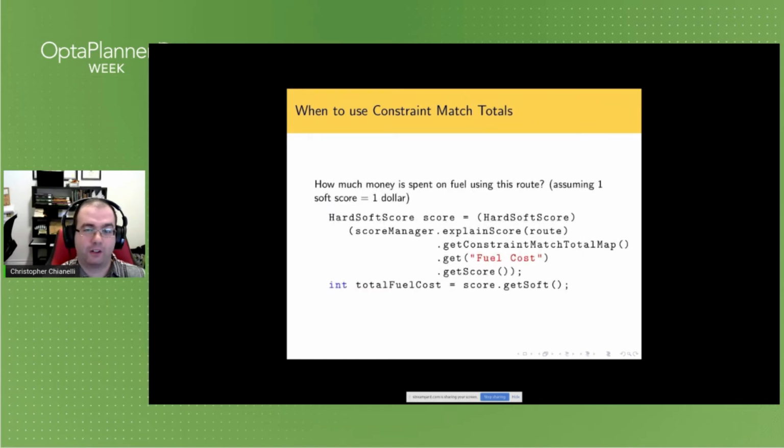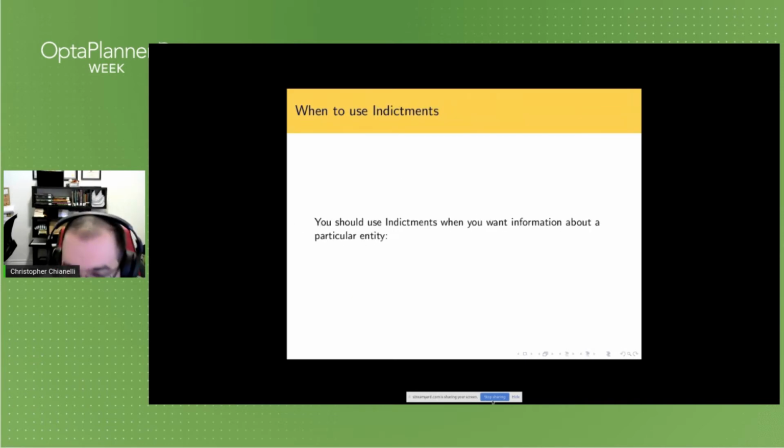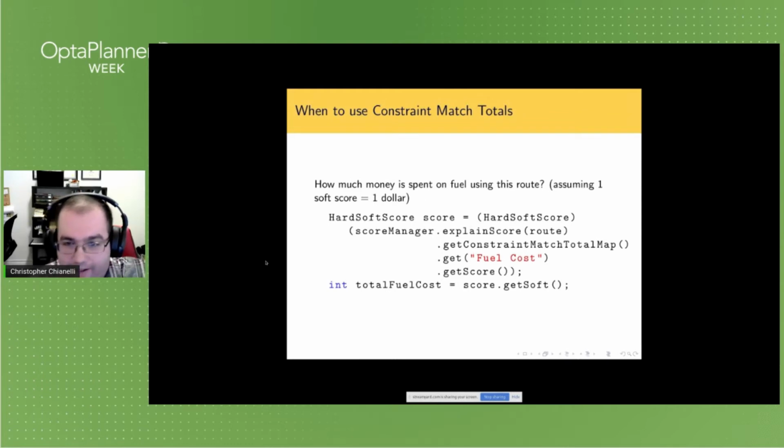Or maybe your question is a little bit more complicated and is about the score. In this case, maybe we have a fuel cost constraint and we decide to make it one soft score equal $1 spent on fuel. In that case, you can obtain the score of the route.